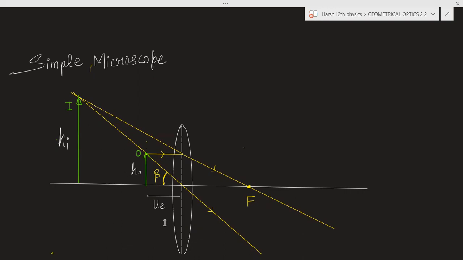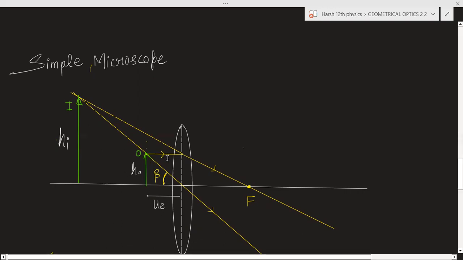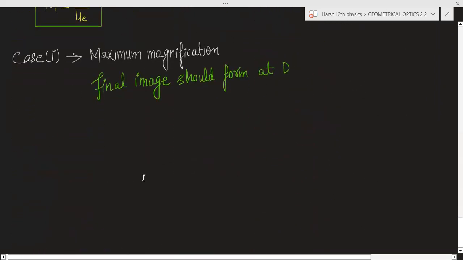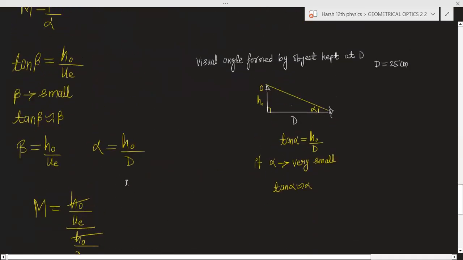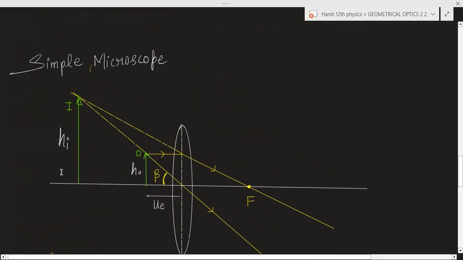Very good. Because UE you will measure in the opposite direction of the incident light. Many times I told you, now I think you have understood. So object distance you will take as negative UE. And final image is forming at D, and that D you will take as minus D, because this D will also be on the left hand side.